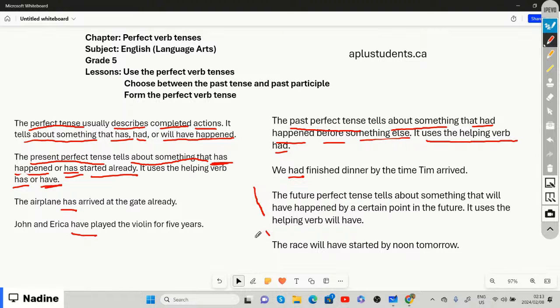And then we have the future perfect tense. Once again, remember tenses have to do with present tense, past tense, future tense.